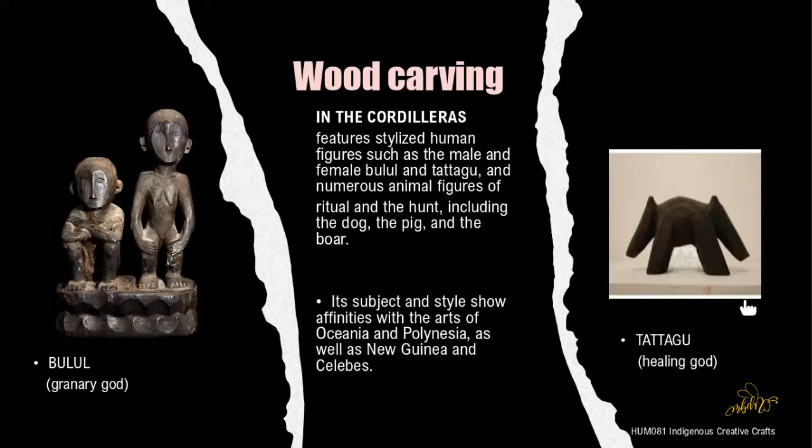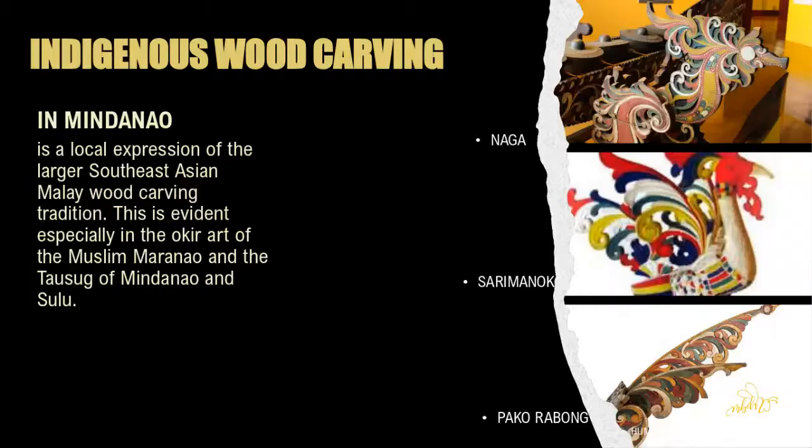And then you have the hidden god here, the Tatagu. Its subject and style show affinities with the arts of Oceania and Polynesia, as well as New Guinea and Celebes. Okay, so that's for the wood carving. Aside from that, we also have in Mindanao this time, a local expression of the larger Southeast Asian Malay wood carving tradition.